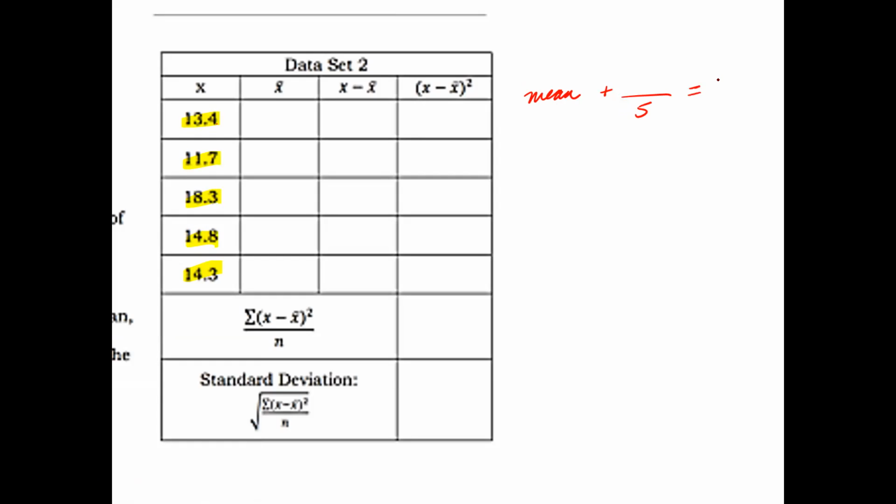Your sum of these numbers should be 72.5 divided by 5. Your mean, or your x bar, is going to be 18.125. So 18.125, write that down for all the boxes here.